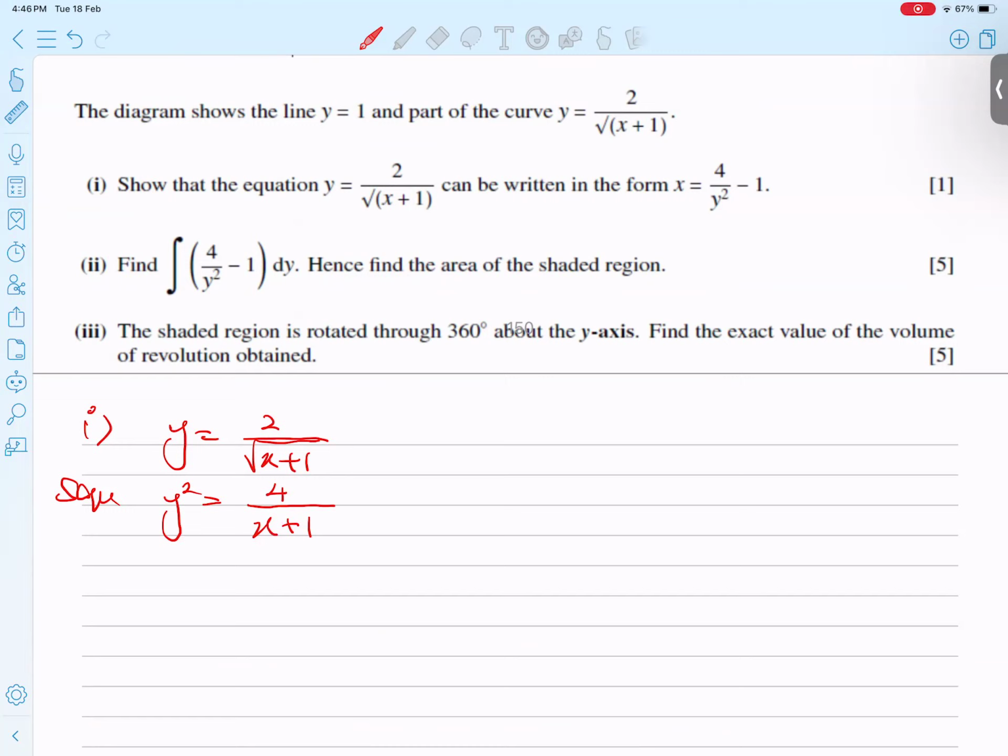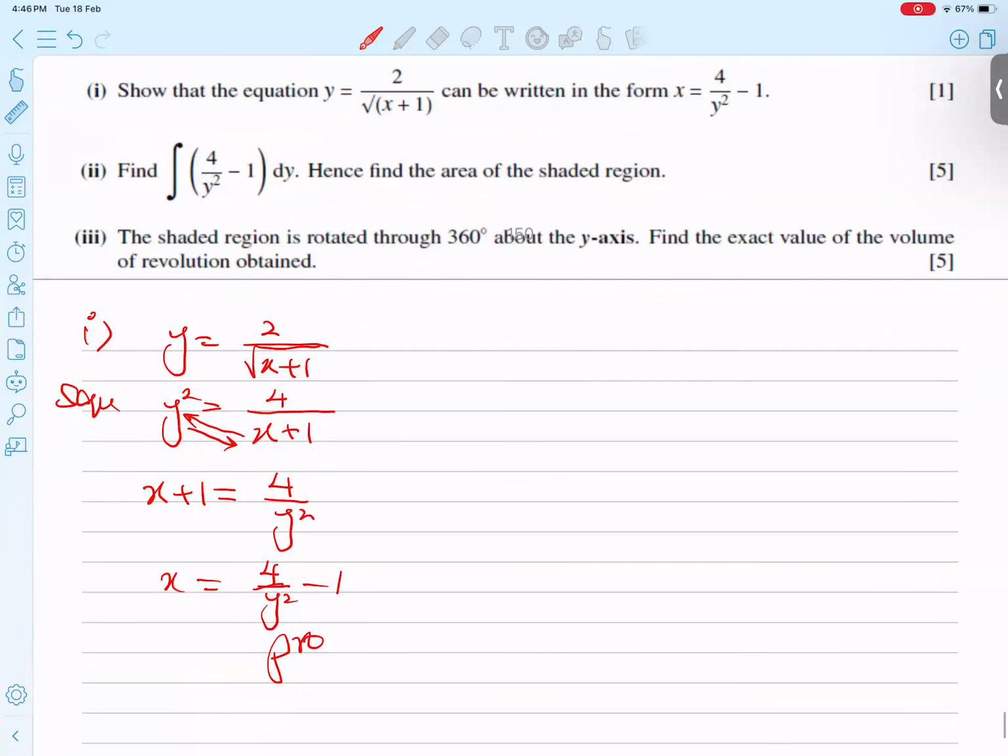Then I will cross multiply, this will go up and this will come down. So I can say x plus 1 equals 4 over y squared. I can do it in one step or two steps, no problem. The 1 will go to this end, and proved. So the first part is done.